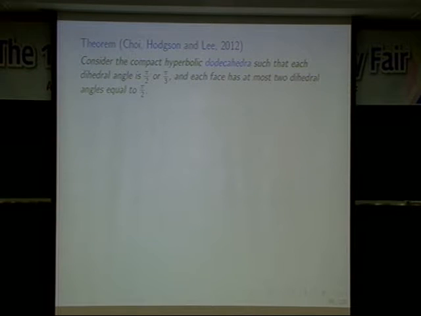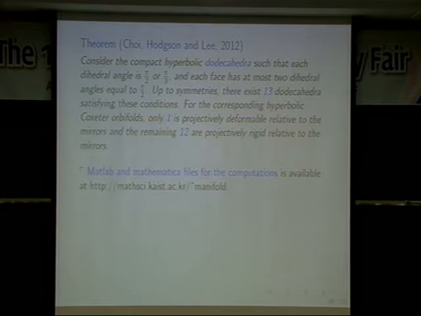Further, we consider dodecahedra. Then each dihedral angle has some restriction, and only 13 dodecahedra satisfy this condition. Among them, only one is deformable relatively to the mirror, and the remaining are projectively rigid.